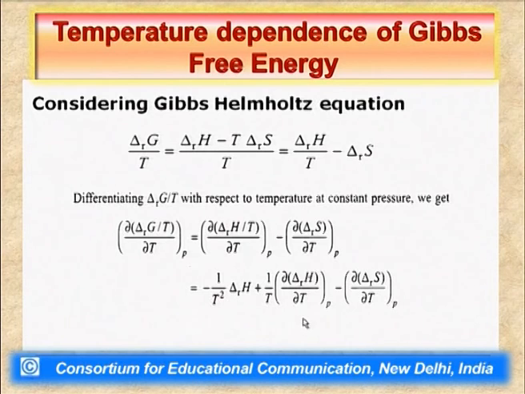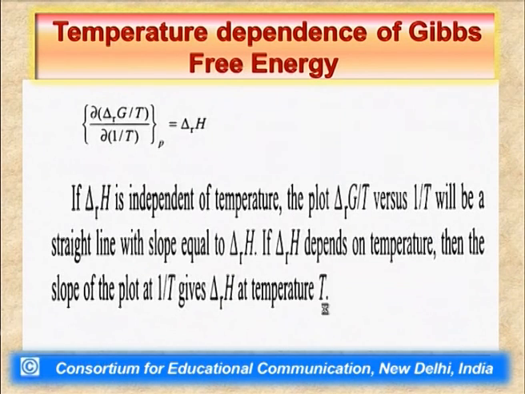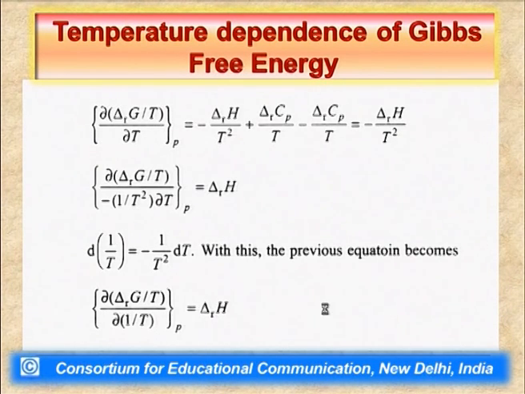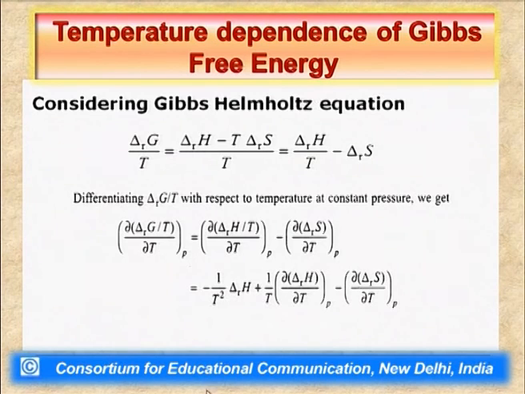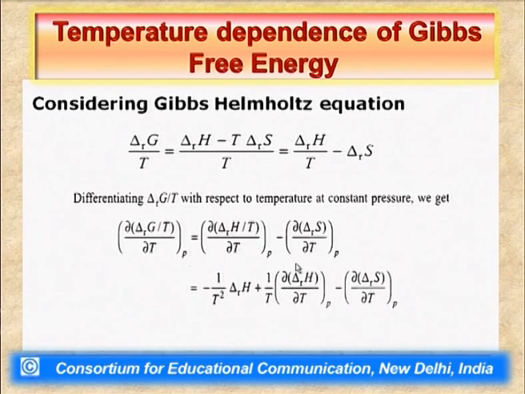Now we need to understand what this del H by del T at constant P is. This is nothing but the heat capacity. So, del of delta RH by delta T at constant P should be the difference of heat capacities of products and the reactants.